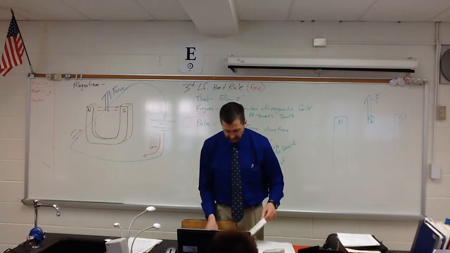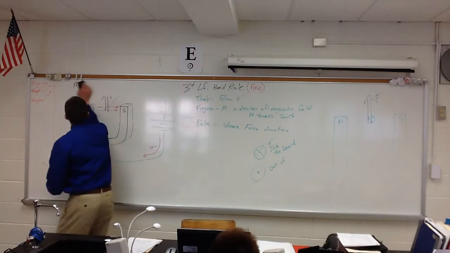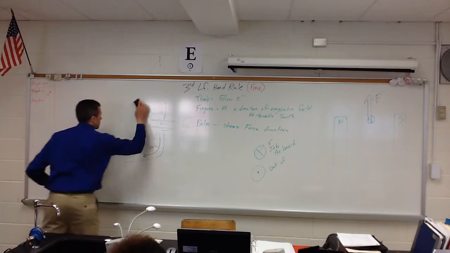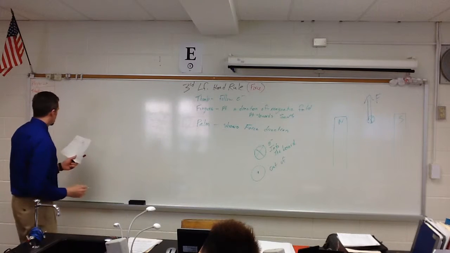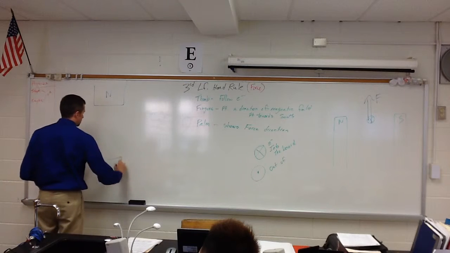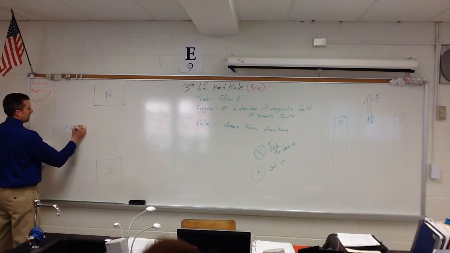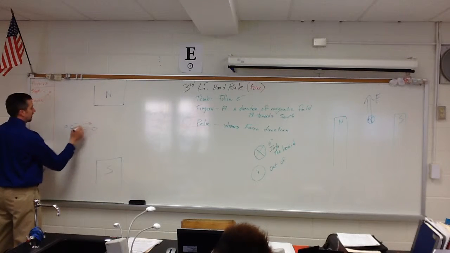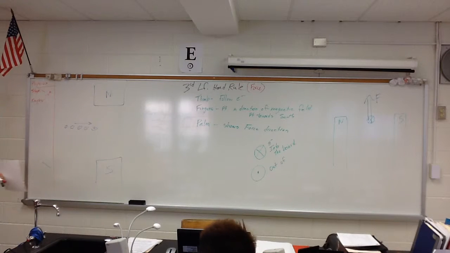What if we took this time and said, okay, we said this. You got a big north up here, a big south down here. And we said someone is firing a beam of electrons between the north and the south.